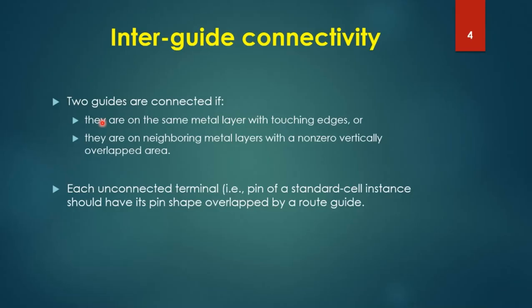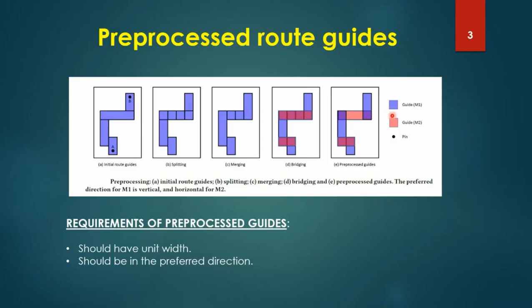If the guides are in the same layer and have touching edges, they are connected, right? The second is that two guides are connected if they are on neighboring metals and they have a non-zero vertically overlapped area. So this is the picture you see.